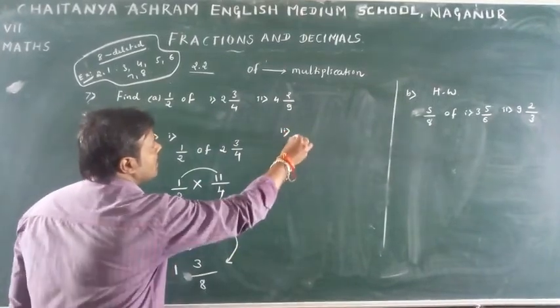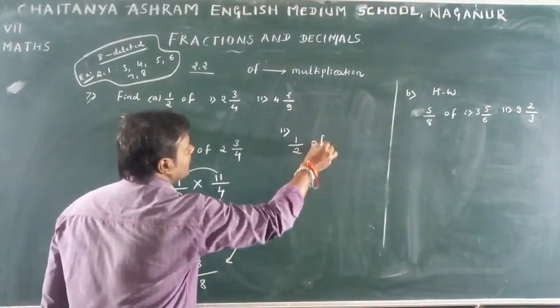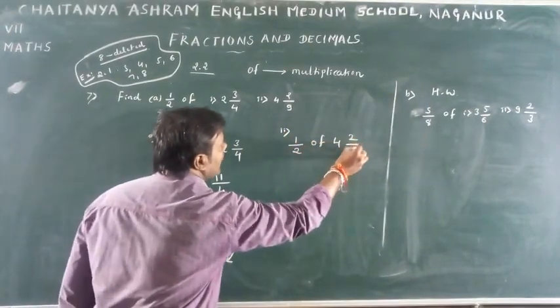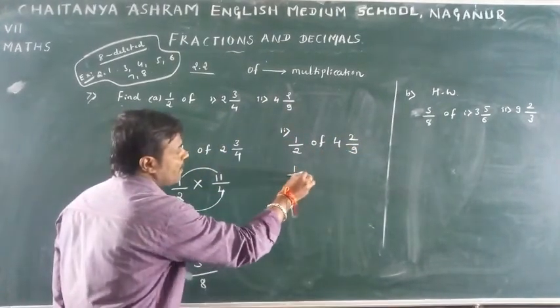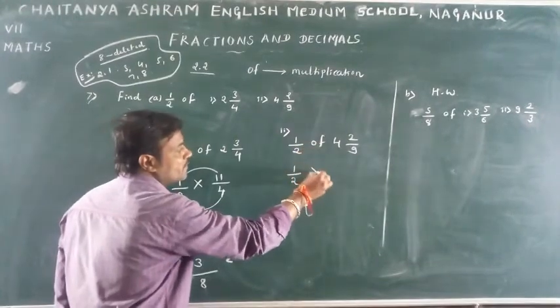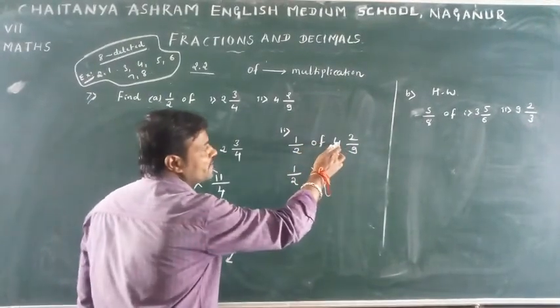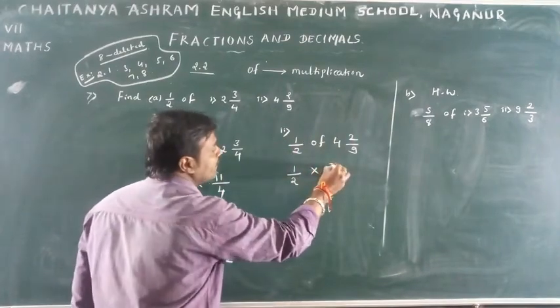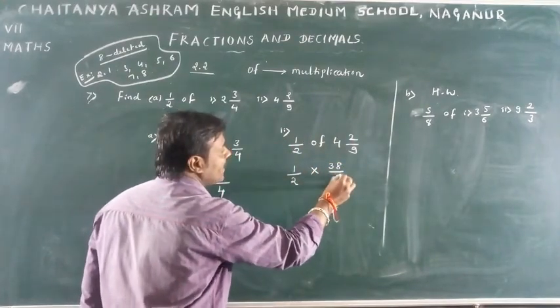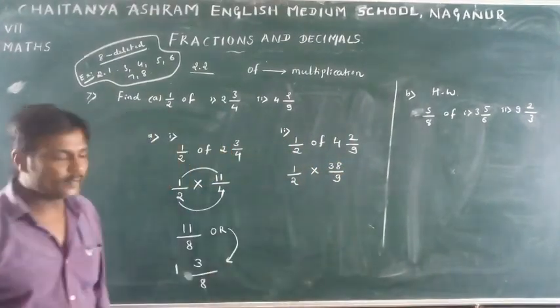Or this also we have to calculate. That is half of 4 whole 2 by 9. First, half means write half like this. Half means multiplication. 4 9s are 36. 36 plus 2, 38 divided by 9. Okay.